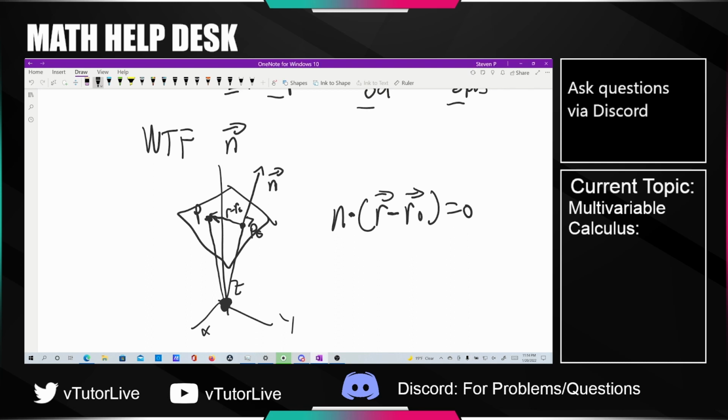So if you can find me the normal vector, and any vector on that plane, we can take a dot product of the two, set that equal to 0, and this is our equation of the plane. Does this motivation make sense so far? If we can find all these things, we're done.